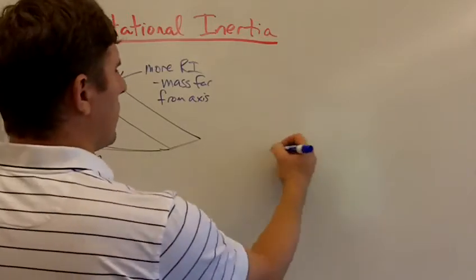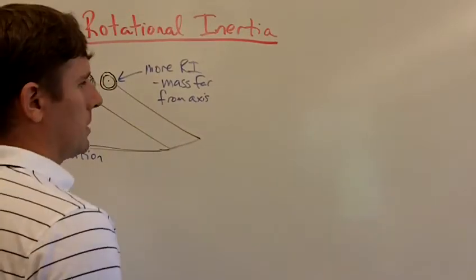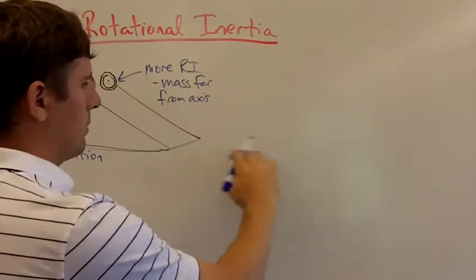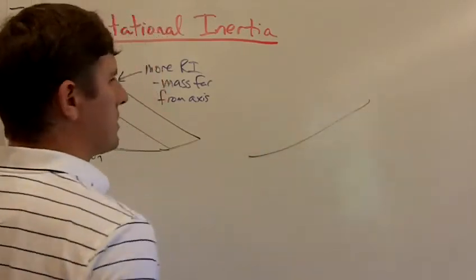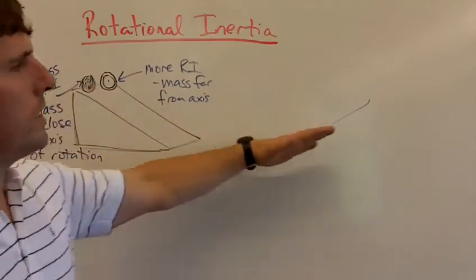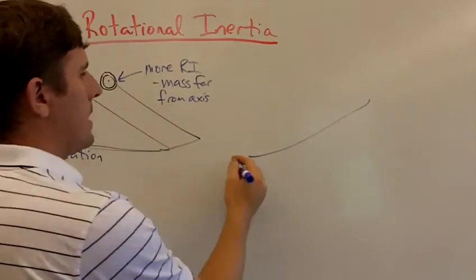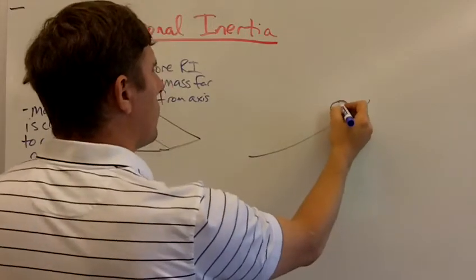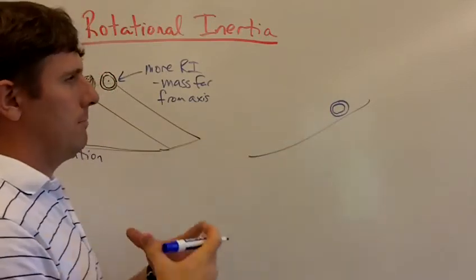Once they get across the floor, they'll roll at similar velocities depending on what the friction of the floor is. But then if they were to roll up a ramp on the other side, both of them would reach the top at the same time because the hoop has more rotational inertia. So once it starts to go up, it says, I'm going up, but I have more rotational inertia.